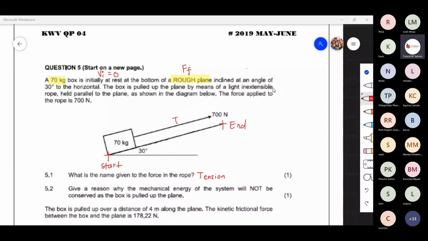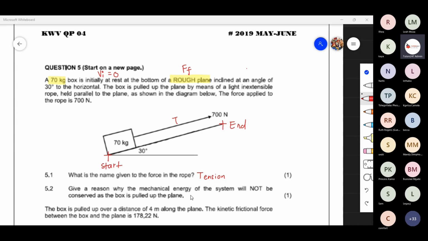Now, our question was, give a reason why the mechanical energy of the system will not be conserved as the box moves up the incline or up the plane. The reason is because we have an external force that is acting on this object. Our external force is frictional force. Because there is frictional force acting on our object, mechanical energy is not conserved.